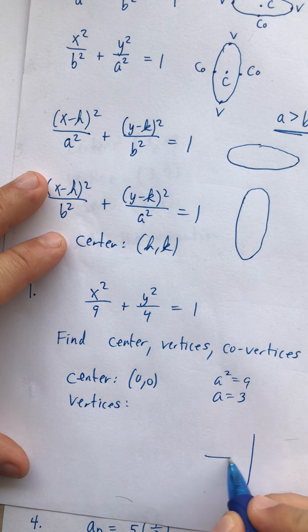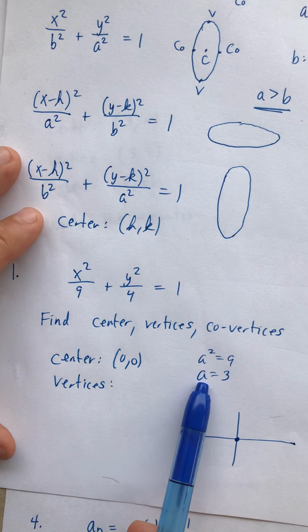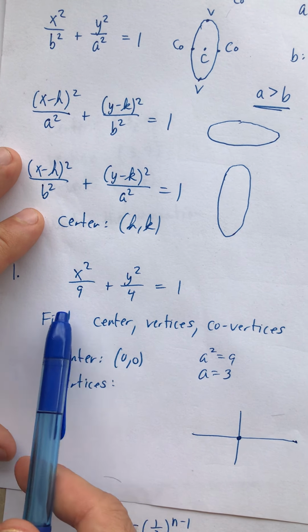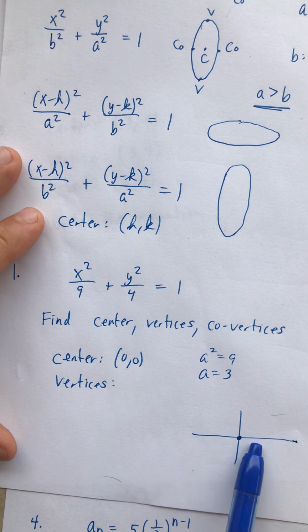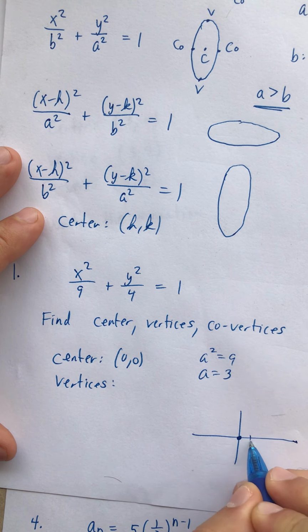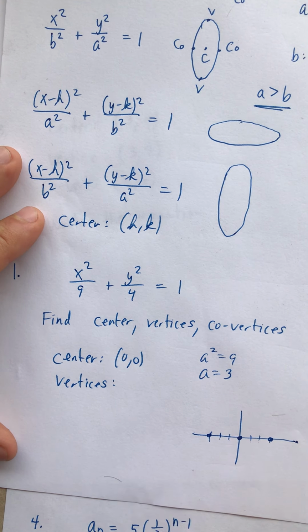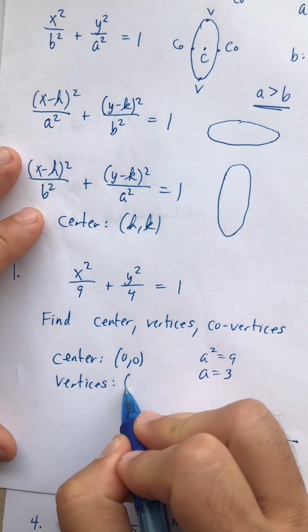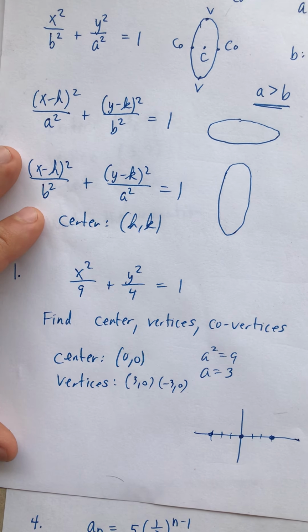If I make a little sketch here, if this is my center, and this is a horizontal ellipse because the larger number's under the x, and the vertices are 3 units left and right, that means one vertex is here, and one vertex is here. So my vertices are 3, 0, and negative 3, 0.